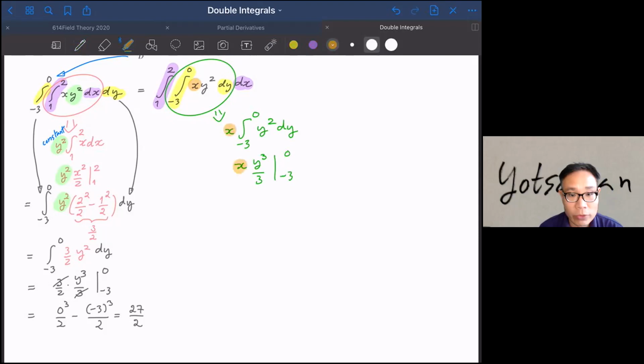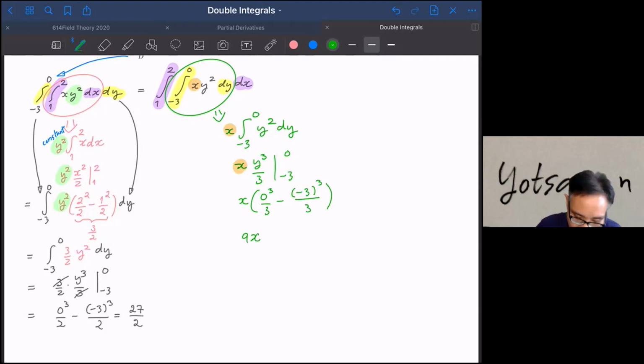Plugging in, you have x times 0 to the third over 3 minus -3 to the third over 3. This is 27 over 3, which is 9, so it's 9x totally.